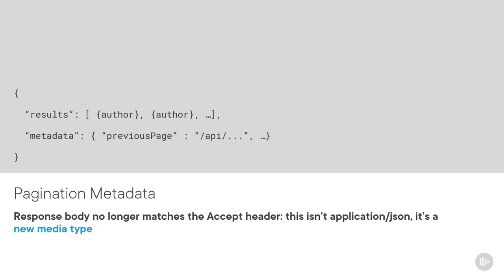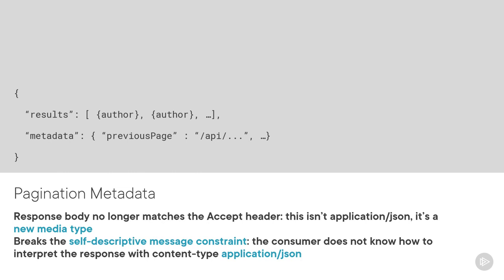It's a different media type. Returning the paging info like this combined with application/json as media type effectively breaks REST if you're strict, as we're no longer adhering to the self-descriptive message constraint. That constraint states that each message must contain enough information on how to process it.